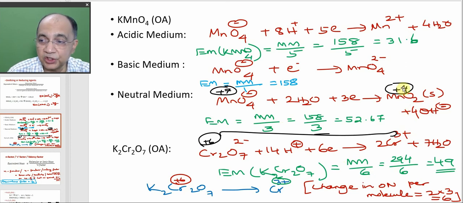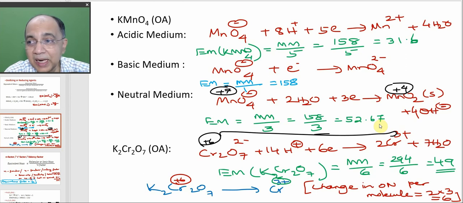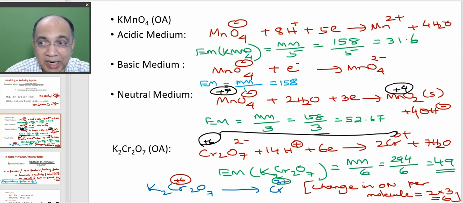So the factor is 3 here, 1 here and 5 there. So 158 by 3, it is 52.67. So what you found is that equivalent mass is reaction specific. In one reaction it is 31.6, in the other reaction it is 158, same as its molecular mass, and in still another reaction it is 52.67.